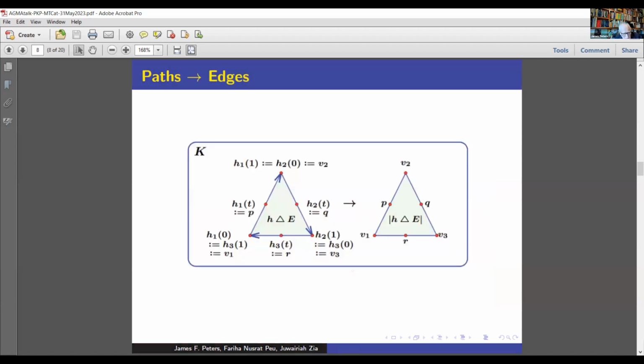And here's an example where you have a path triangle, and this path triangle, notice, has a non-empty interior. That's an assumption that's made here. And then this path triangle maps to a triangle in Euclidean space or Riemannian space. And the notation H triangle E moves over to the notation for its geometric realization, bar H triangle E bar.